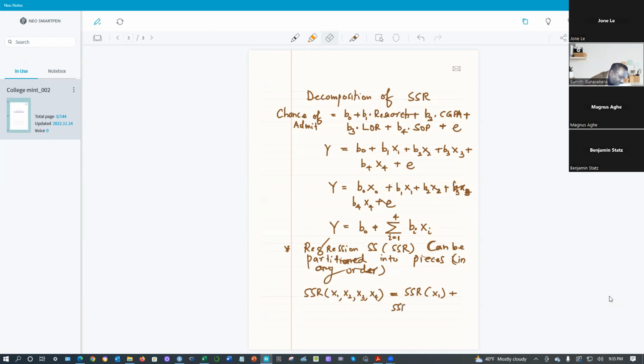Now you keep adding another one, a second variable, given that the x1 variable is already in the system, already in this formula. This line means given that.